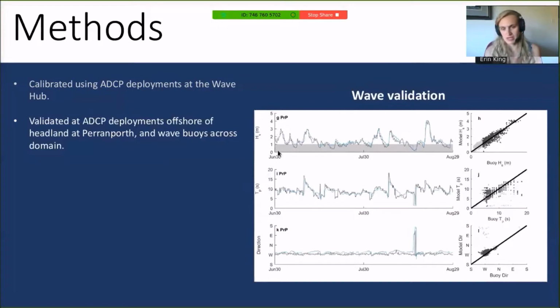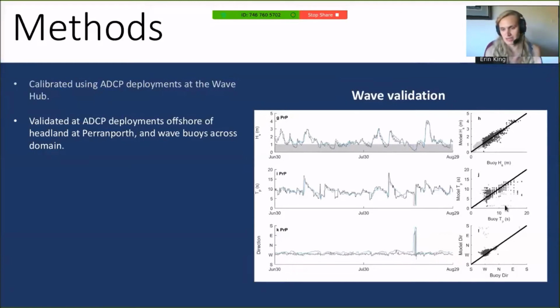We see the model is doing pretty well. It's capturing all of the peaks in the significant wave height, and it's capturing the variation in the period and direction well. Periods where the significant wave height at the buoy was less than 1 metre are shaded here in grey, and also in these plots.